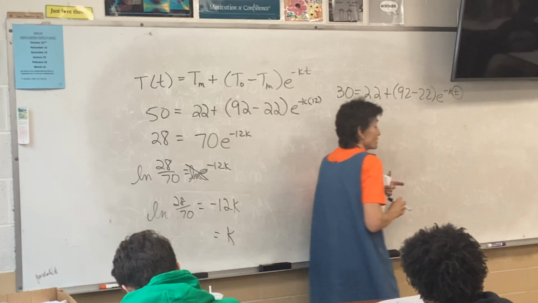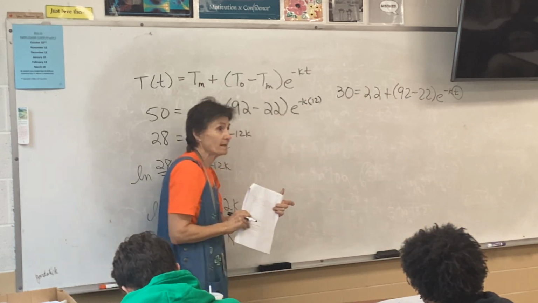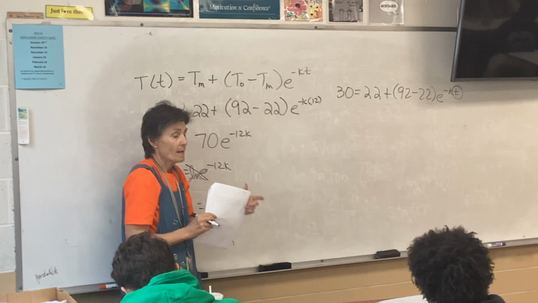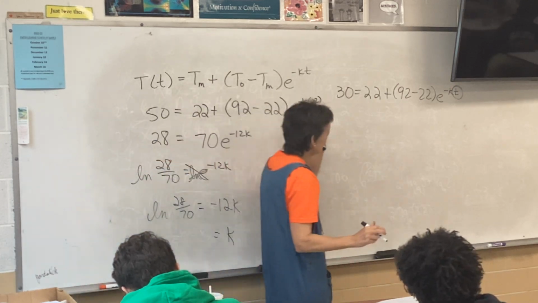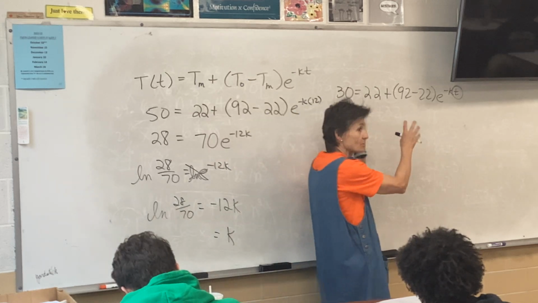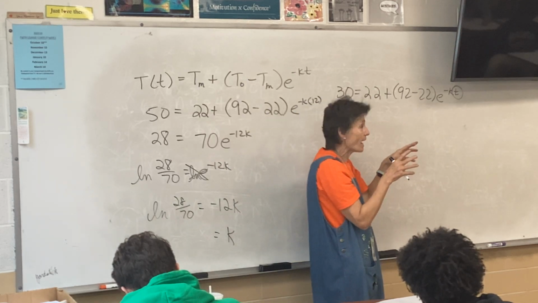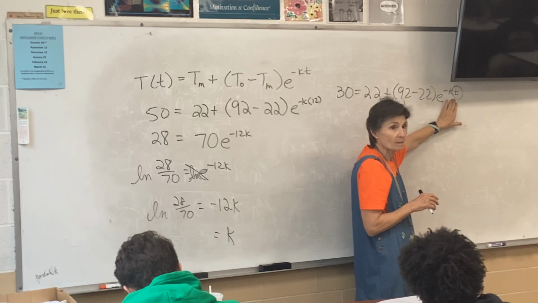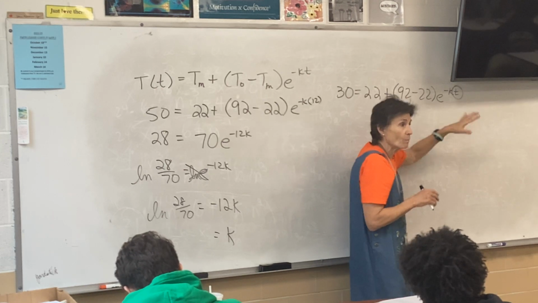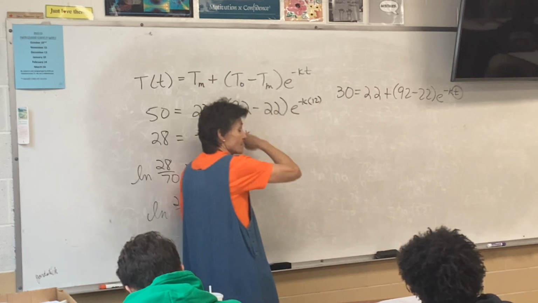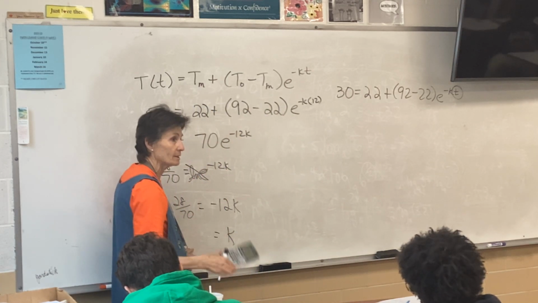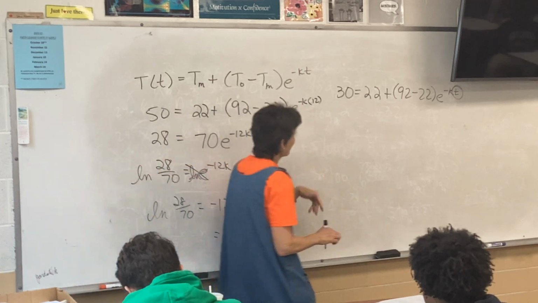But now the question is, how long will it take? And we couldn't just do that to start, because like last time, we got too many variables in this equation, right? So we had to go through this in order to get our k value, which is on my calculator now. And now I can go about solving this one.